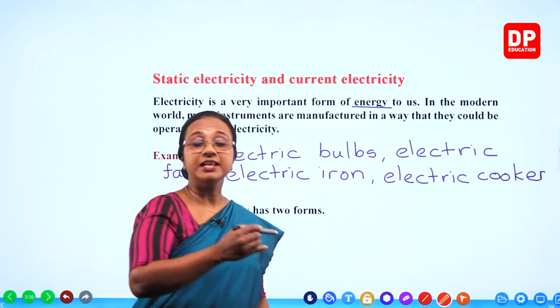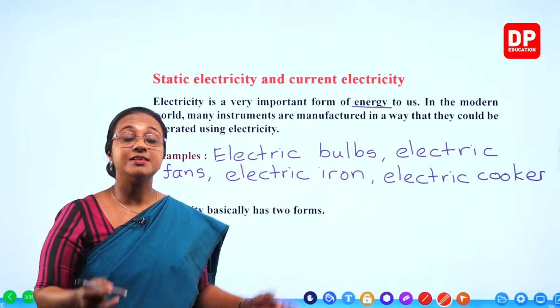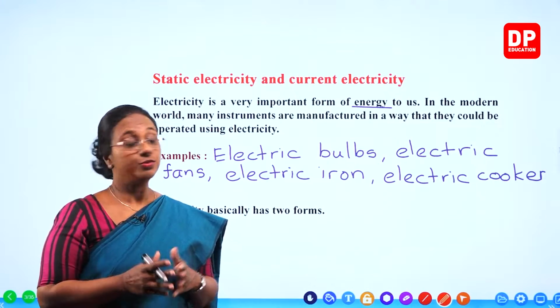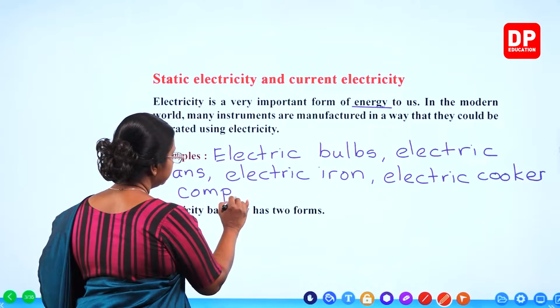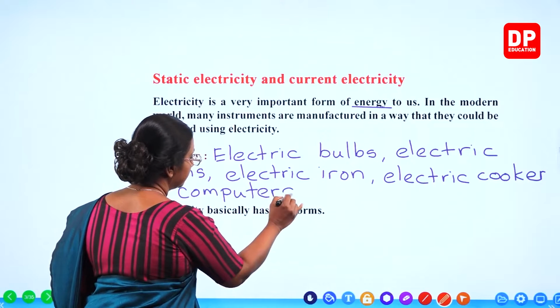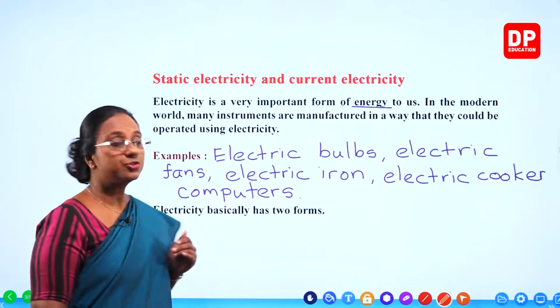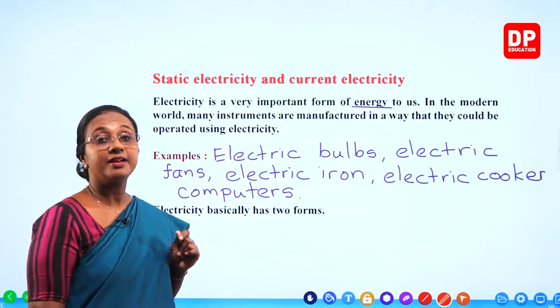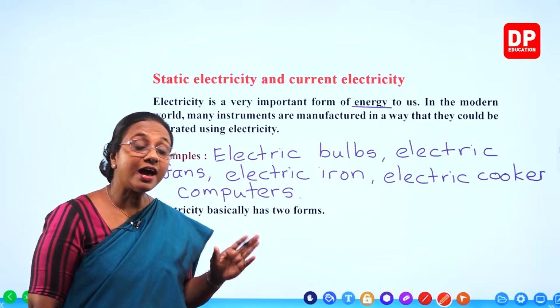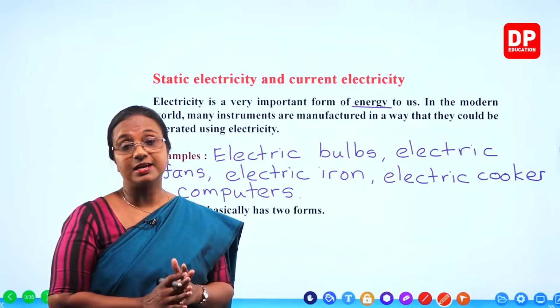Like this, you can keep on listing instruments and equipment that use electricity, even computers. So there are so many forms. They all use current electricity, that is, the current flowing through conductors.